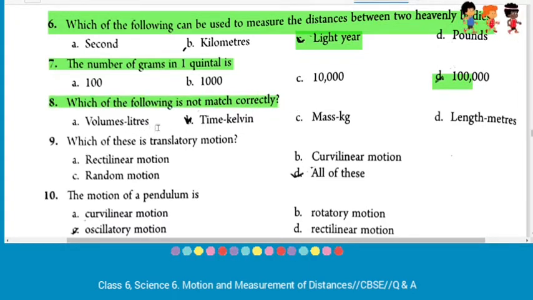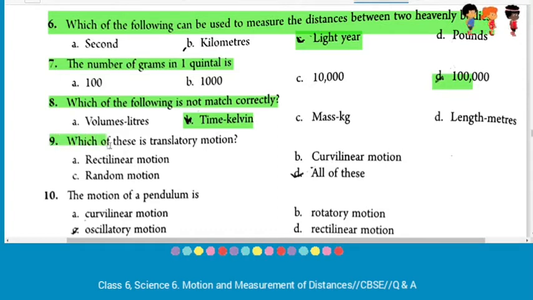Volume, liters; time, Kelvin; mass, kg; length, meter. Answer is time, Kelvin. Because time cannot be measured in Kelvin, but temperature is measured in Kelvin. Time is measured in seconds, minutes.